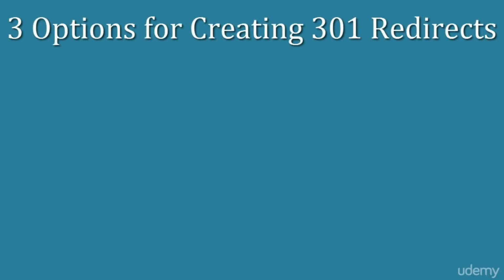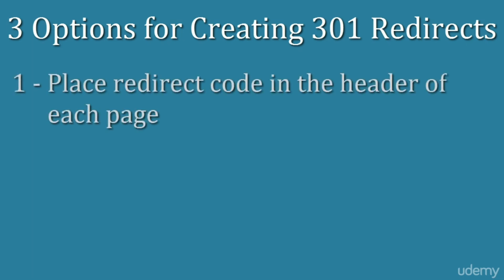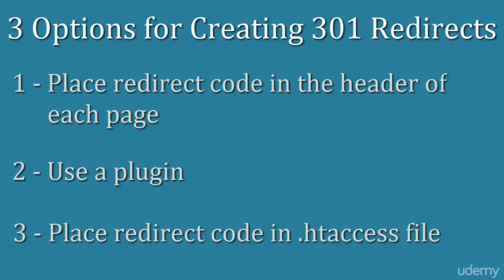So there are a few options for doing a 301 redirect. The first one is you can place the redirect code in the header of your site. If you have a PHP site, for example, I'll show you some code. The second option is if you're using WordPress, for example, you can use a plugin to help you redirect the pages. And then lastly, what you can do is you can add the redirects directly to your .htaccess file.